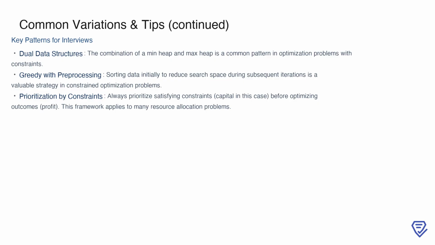Additionally, prioritizing constraints before maximizing outcomes is a critical framework. For IPO, this means ensuring the capital requirements for projects are satisfied before considering profitability. This prioritization framework is widely applicable to resource allocation problems, making it an essential concept to master. Understanding and applying these patterns effectively showcases your ability to design efficient and scalable algorithms.